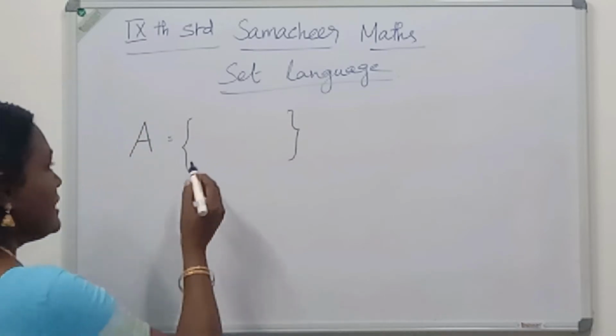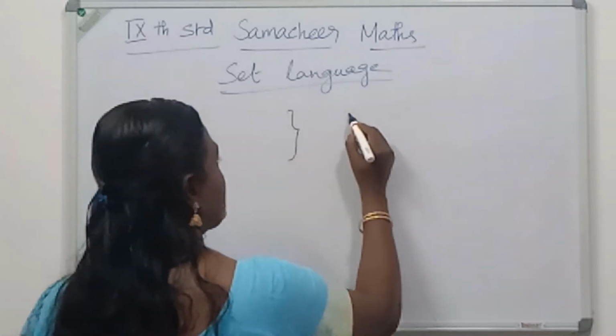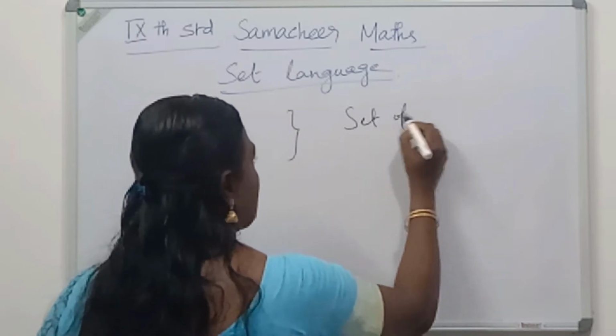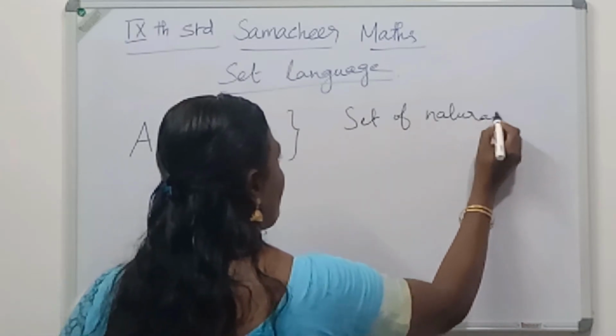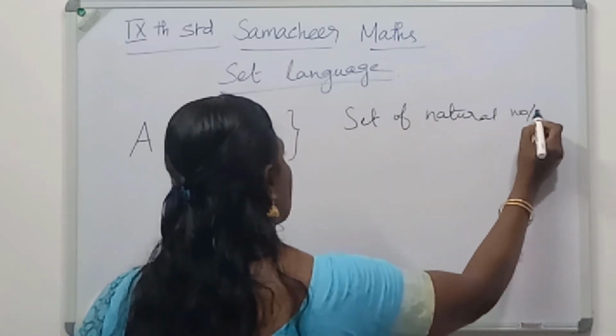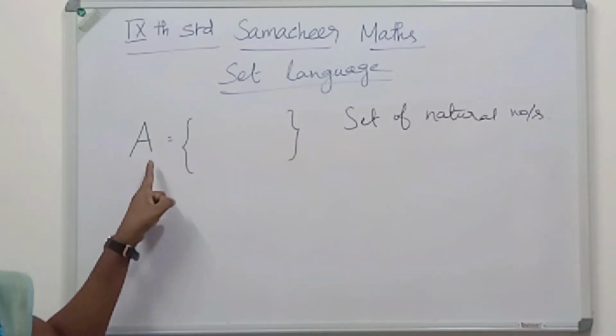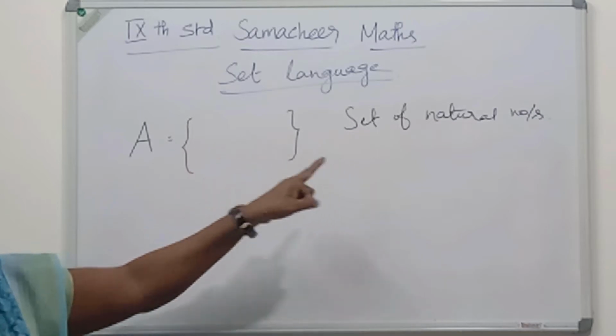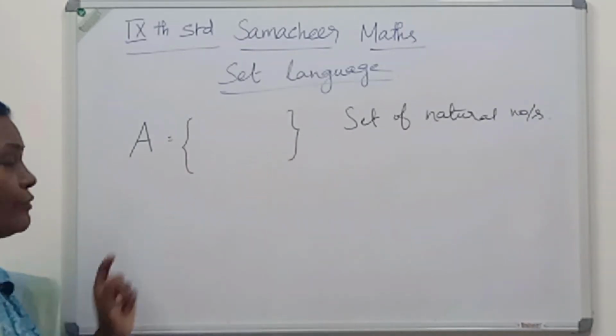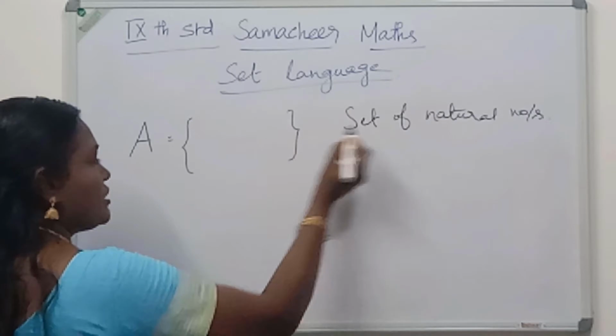Suppose I am going to write the set of natural numbers, and I name it A. How do you write the elements? Natural numbers start from 1.